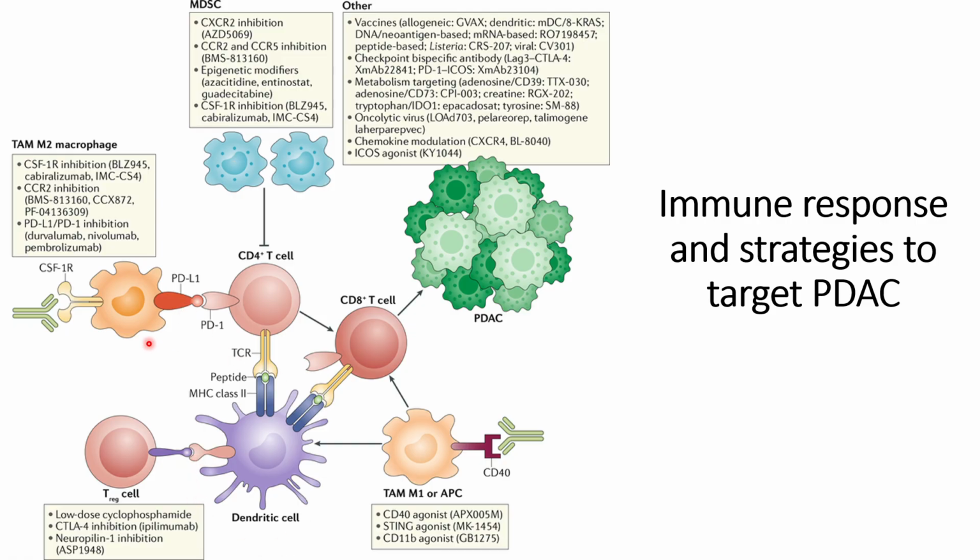Another is the M2 macrophages, and we have discussed in one of our previous videos that M2 macrophages have tumor promotion, or tumor proliferation, properties. They can also deactivate or suppress the activation of T cells through the interaction of the PD-L1 ligand with the PD-1 receptors on the T cells.